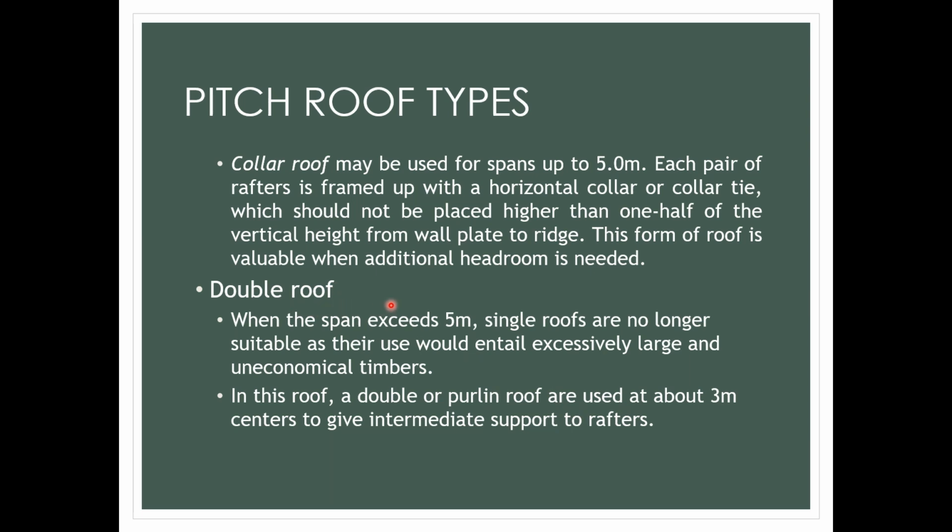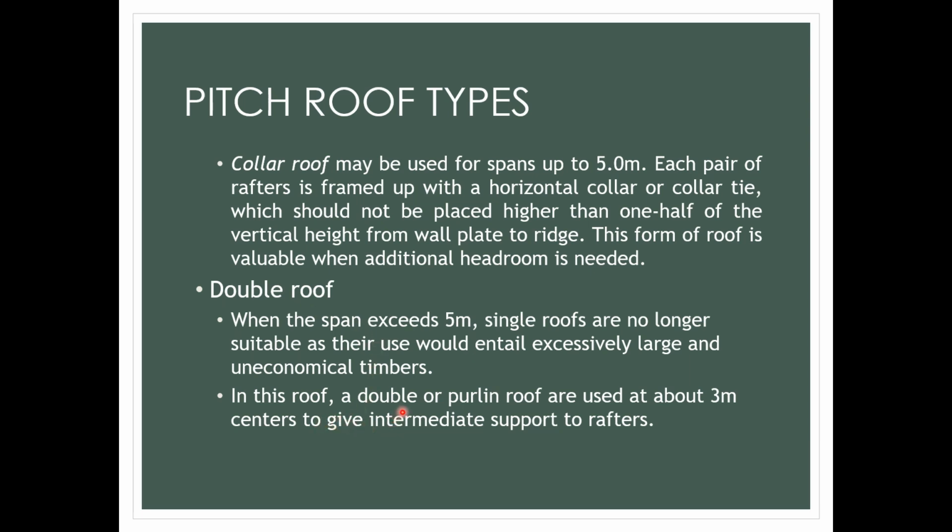And then we have double roof. When the span exceeds 5 meters, single roofs are no longer suitable as their use would entail excessively large and uneconomical timbers. So if the roof is to be constructed over 5 meters, we have to use double roof.